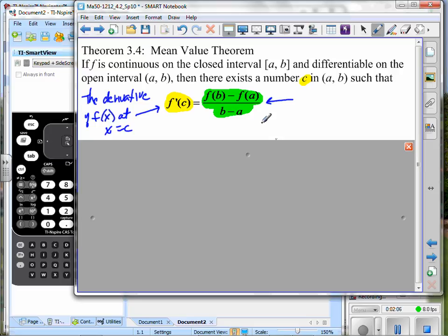Let's think about what is, put another name to this. The slope. The slope of what? A line, right? What kind of a line? Are you sure it's tangent?